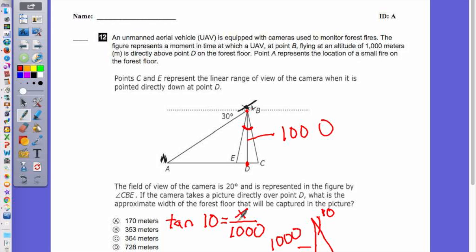So in your calculator, 10 tangent times 1,000. 648? What? Try that again. 10 tangent times 1,000. You should have 176.32. Are you stuck on radians?